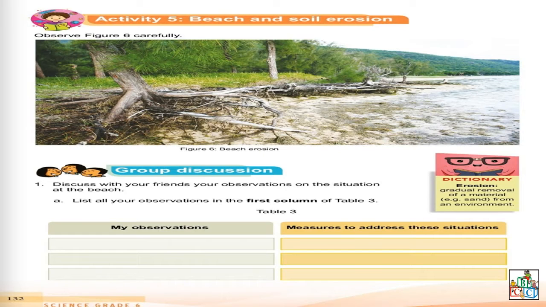Discuss with your friends your observations on the situation at the beach. You may also discuss at home with your parents. Write down your observations in the first column, and the measures to address these situations. What are the measures that need to be taken into consideration because of beach erosion?